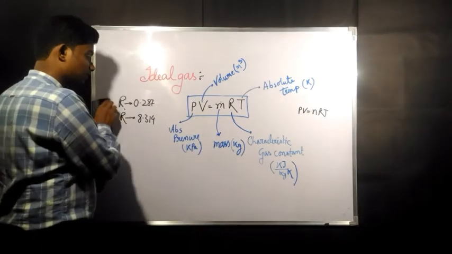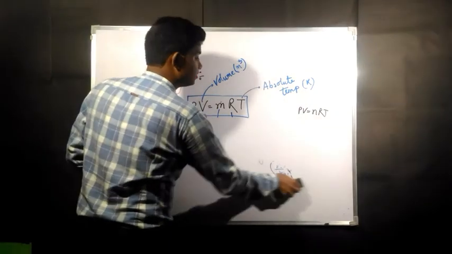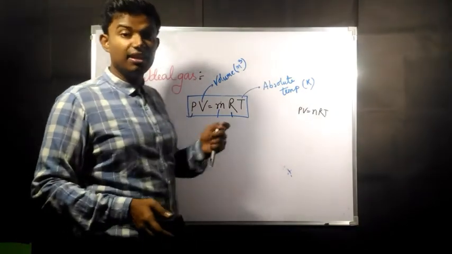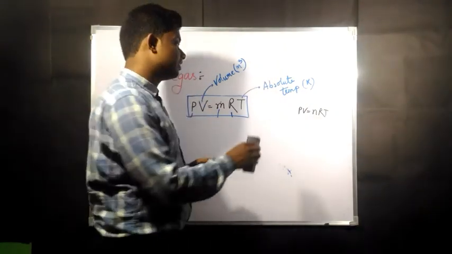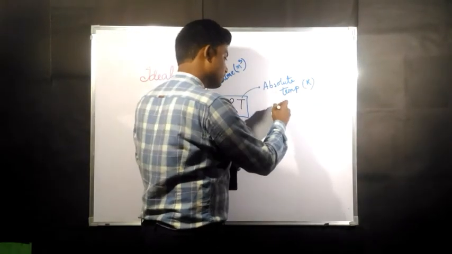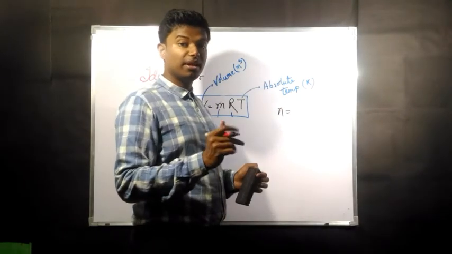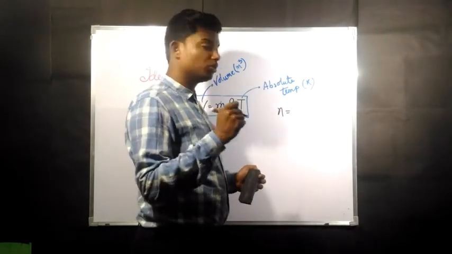Now, according to some equation, you might get the total number of molecules, that is this n. Somewhere you might have read that the total number of molecules is the total mass of gas divided by the mass of one individual molecule.